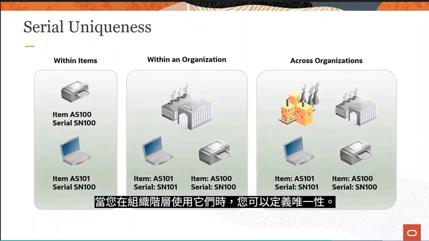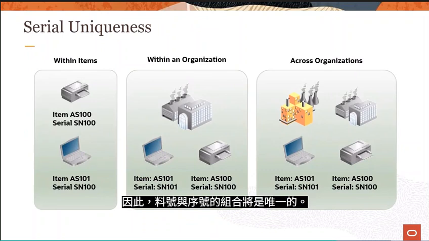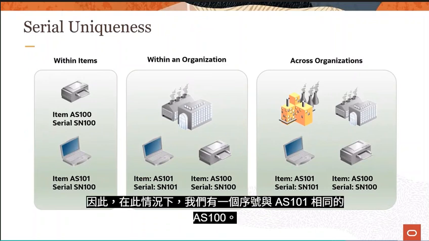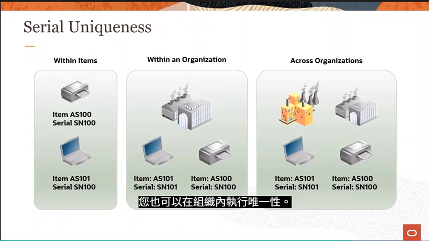When you are using them at the org level, you can define uniqueness within an item. So an item and serial number combination will be unique. In this case, we have an AS100 with the same serial number as an AS101, but the combination of the part number and serial number is what gives it its uniqueness.